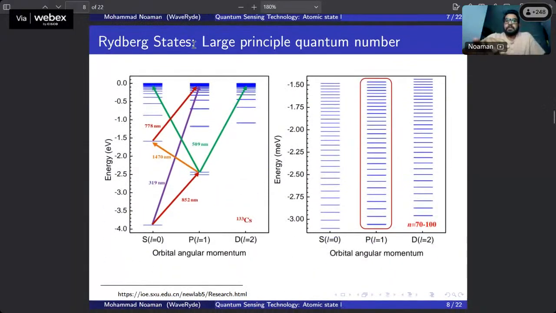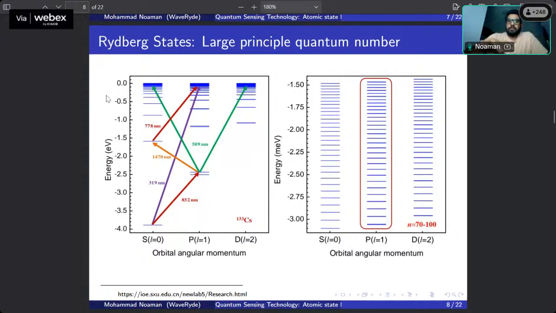The Rydberg state is a state where the atoms are excited to a very high principal quantum number. In this case, n equals 70 to 100, or there's no fixed number. It can be even 40 or something and above.